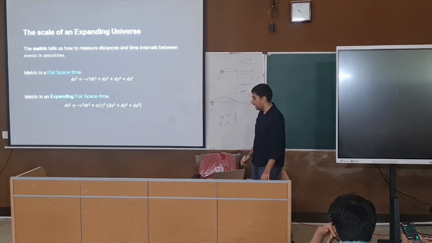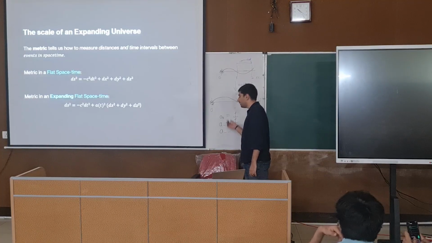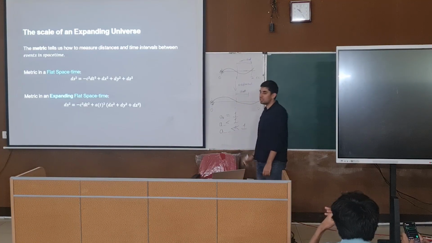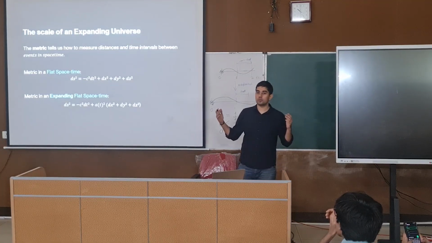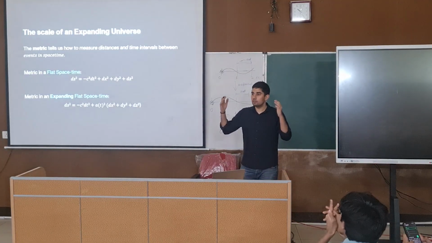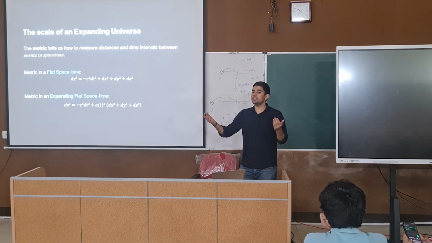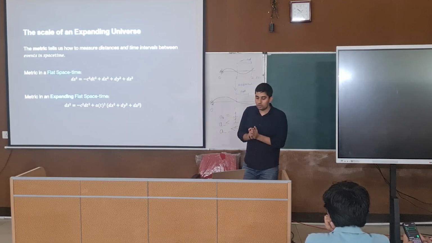And if we go much longer ago, A must be much smaller than 1. What does that mean? The universe was smaller. If in the future it is expanding, in the past it must have been smaller.